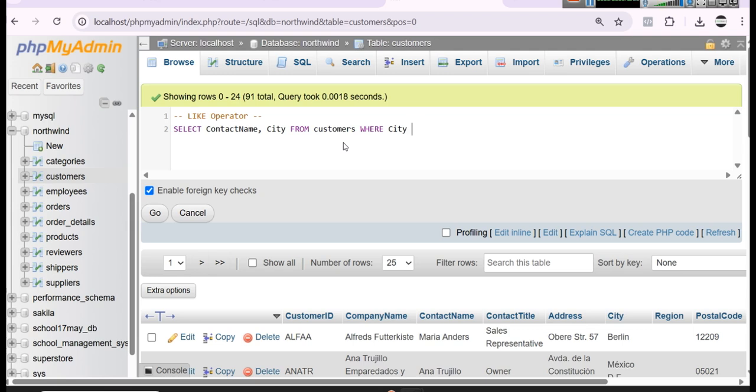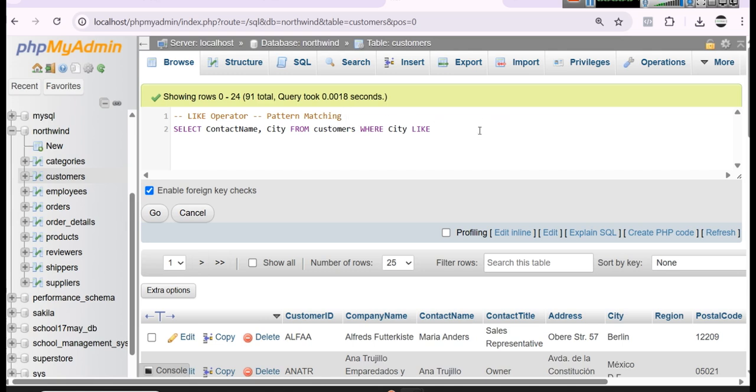So we use some operator here. Here we are going to use like. So where city like, and as the name suggests, this is done for pattern matching. So we have to match a particular pattern.